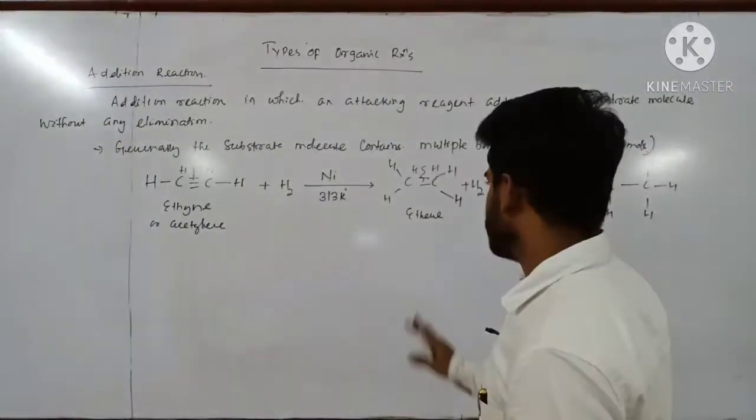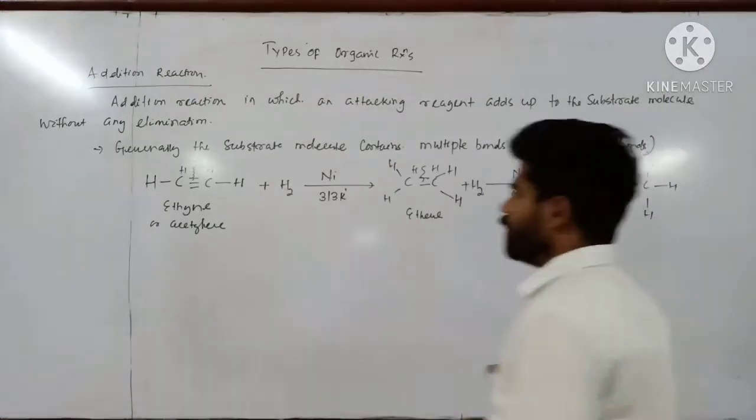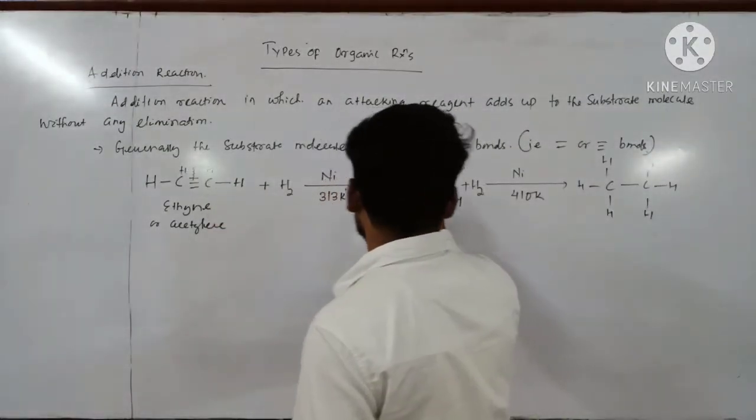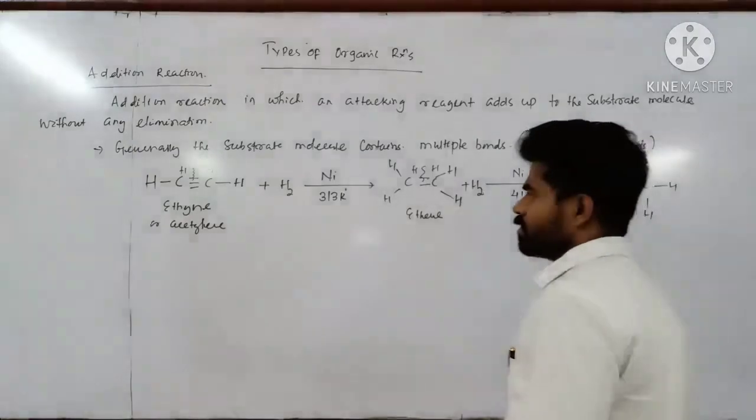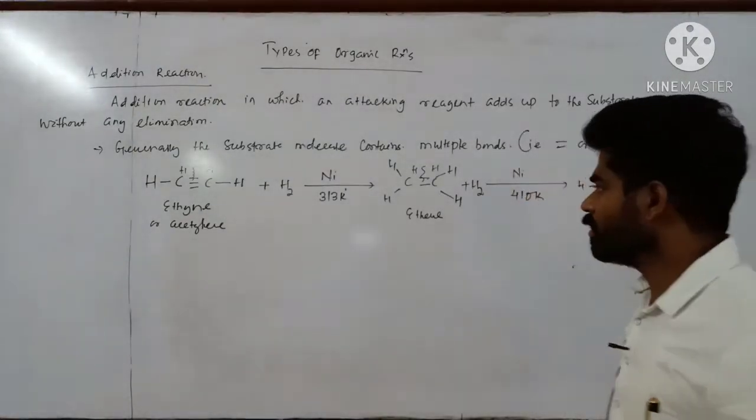And what are the different changes you find over here? Triple bond is converted into double bond, and finally double bond is converted into saturated one, that is alkane. Clear?